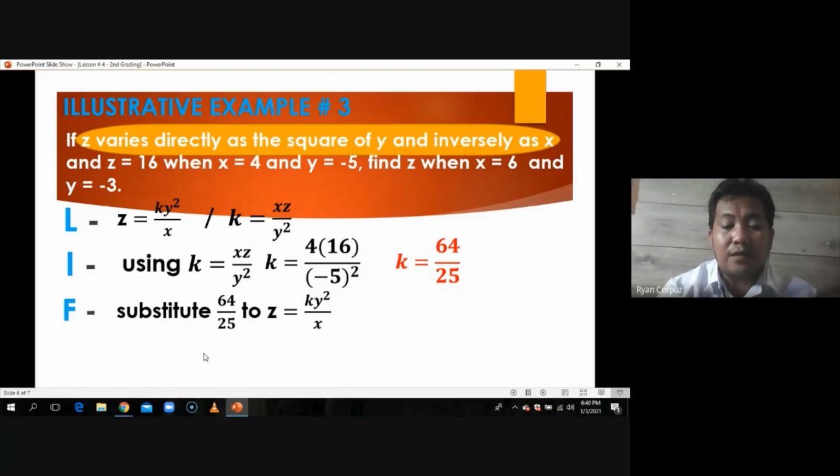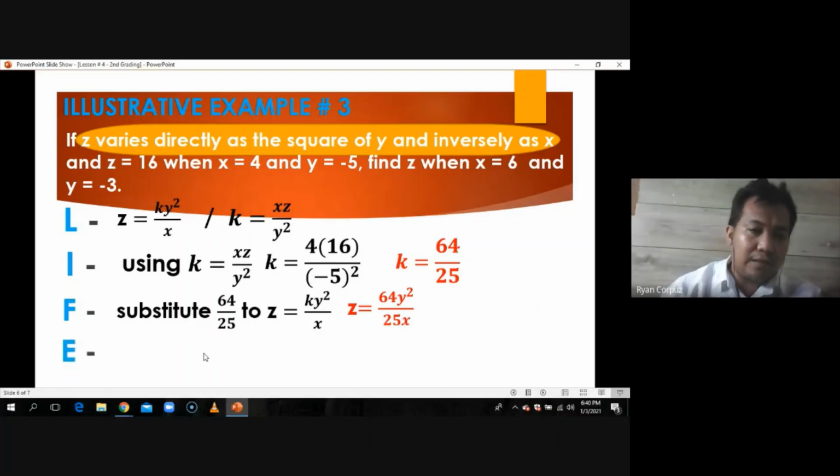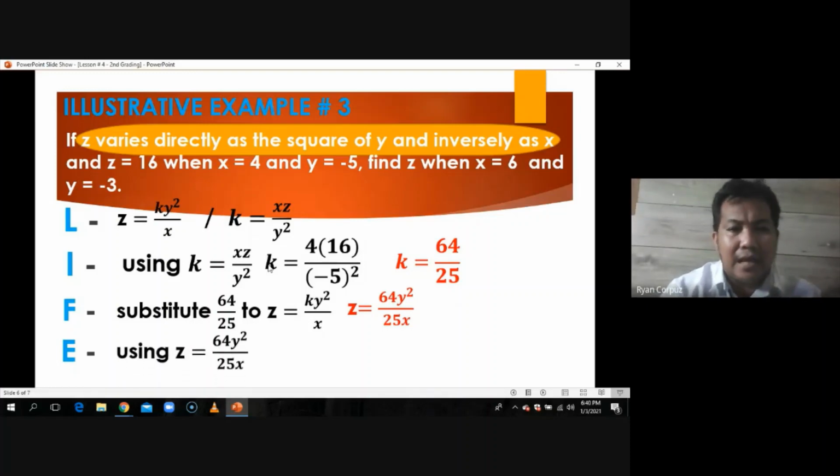Pag ginawa natin yon, we'll come up with z is equal to 64 y squared over 25 x. Then that new form equation in the third step is to be used in order for us to find out what is unknown in the problem. Ang hinahanap natin is find z when x is 6 and y is equal to negative 3.